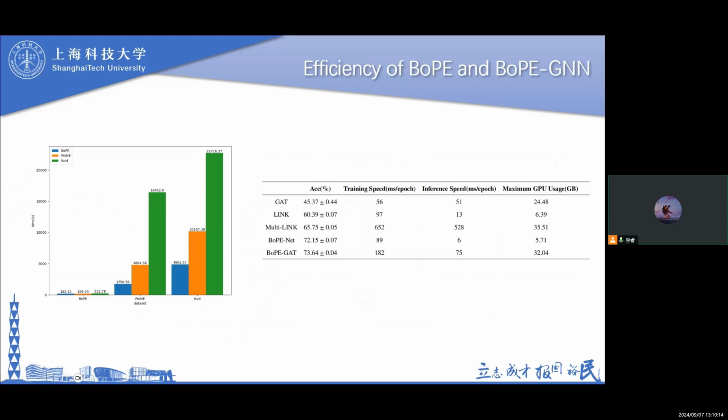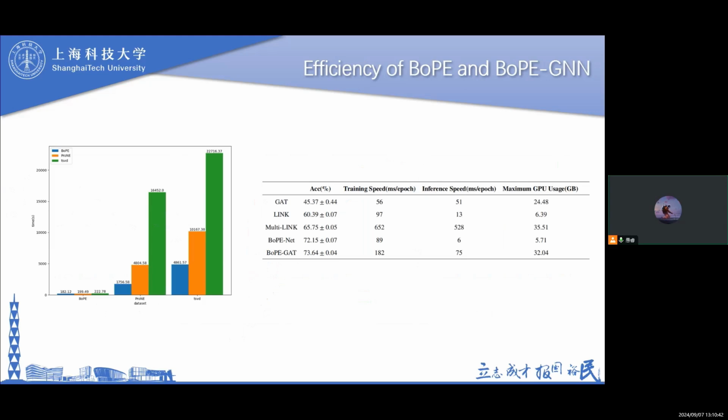The growth rate of BOP overhead is much slower than the other two embedding methods. On snap-patents, analysis of model accuracy, training speed, inference speed, and the max GPU memory usage shows that BOP-GNN performs better compared to GNN, with additional overhead being acceptable.